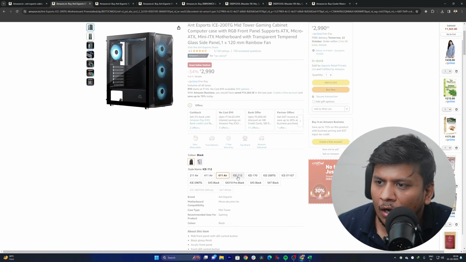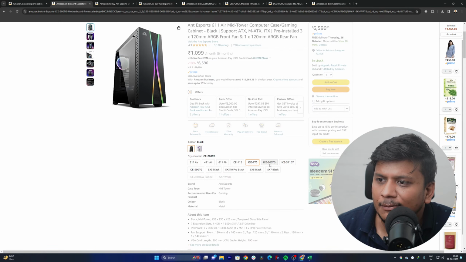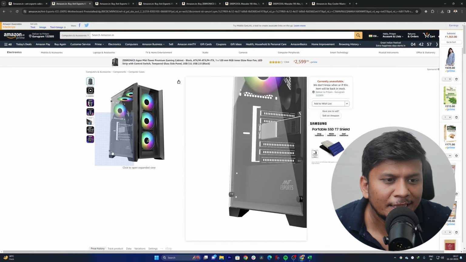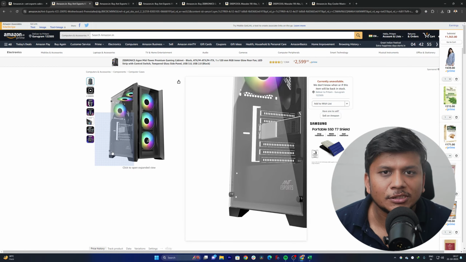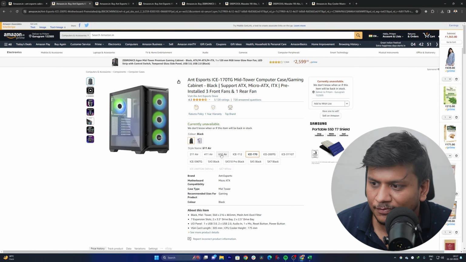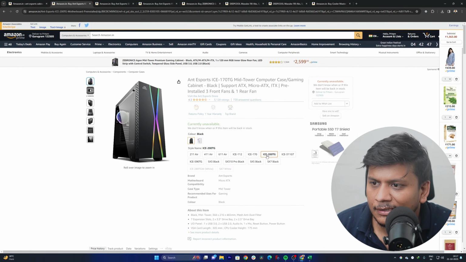They look awesome, and you may see the price also varies. So let me talk about the cabinet that I actually bought. The first cabinet here is this one.